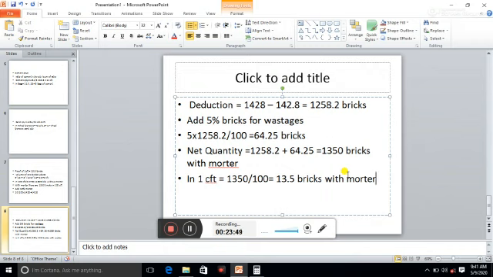Then dividing by 100 gives 1 cubic feet equal to 13.5 bricks with mortar.